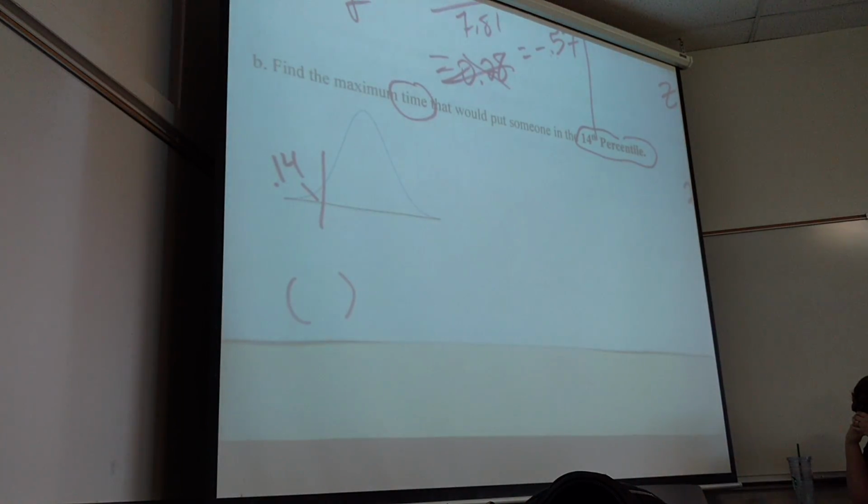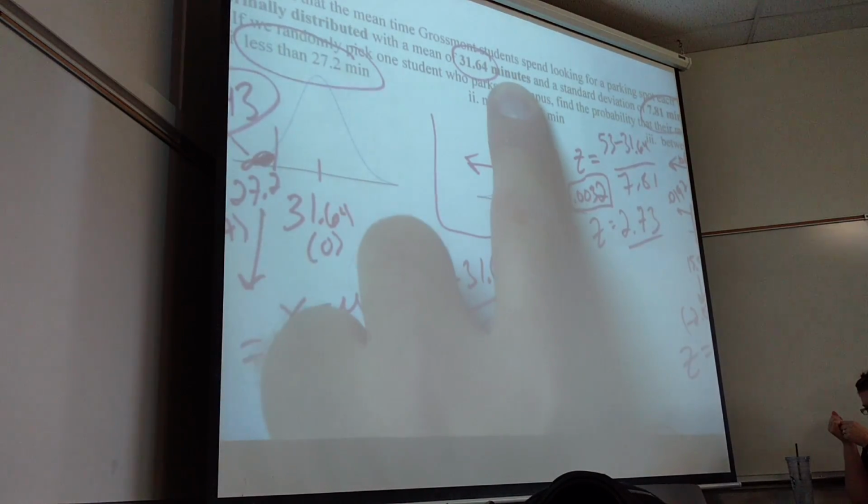I can look up the z-score, but what I want is a time. I really want this to make sense. What units do z-scores have? If they would have anything, it would be that, but to be honest, it's just the pure number of standard deviations, so it's not even a unit. What are the units on the raw scores? They're all minutes, right?